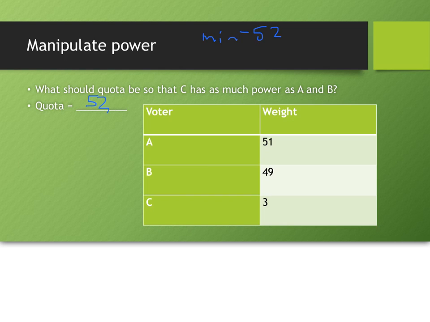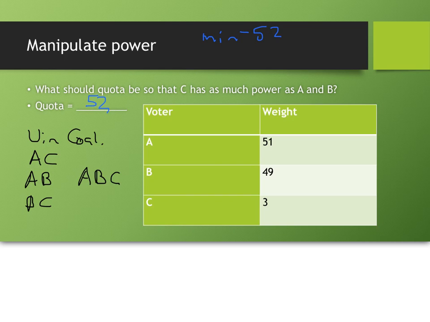then all of a sudden, your winning coalitions are, well, A and C works, A and B works, B and C works, and then the triple obviously works. All right?